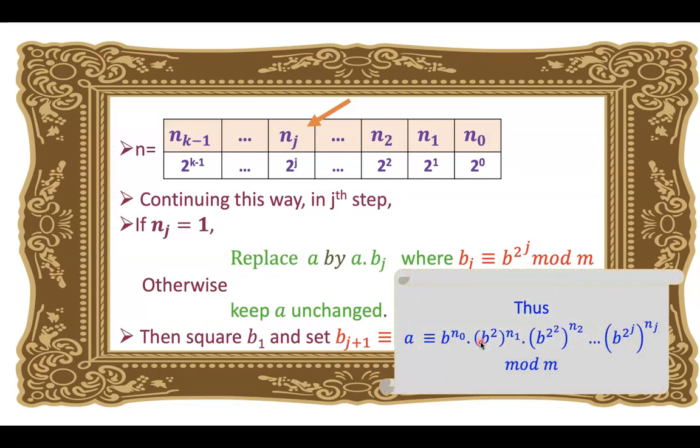And in this case, we can see that a is congruent to b raised to n0 into b square raised to n1 into b raised to 2 square raised to n2 into etc. b raised to 2 raised to j whole raised to nj modulo m. That is old a, the a we calculated in the previous step, into this quantity b raised to 2 raised to j whole raised to nj. This will be satisfied even if nj is equal to 1 or 0.